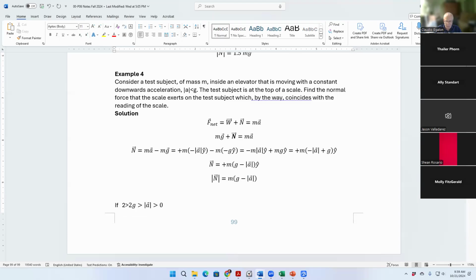What happens? What if the magnitude of a is less than 2g, right? We're going to experiment with that. What's going to be here? N, it's going to be between what?